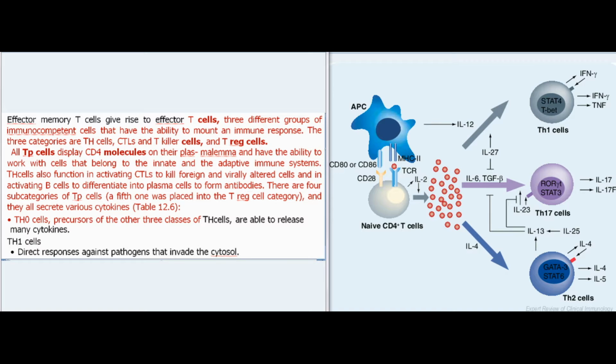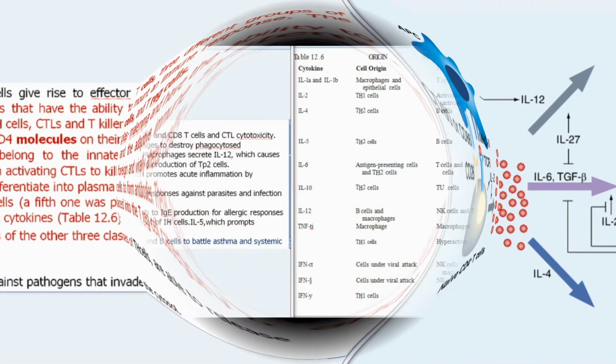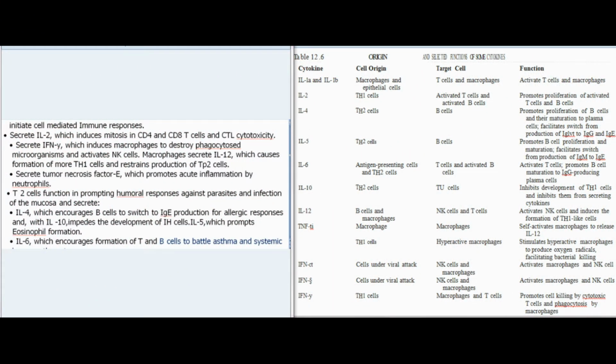Th0 cells, precursors of the other three classes of T cells, are able to release many cytokines. Th1 cells direct responses against pathogens that invade the cytosol. They initiate cell-mediated immune responses and secrete IL-2, which induces mitosis in CD4 and CD8 T cells and CTL cytotoxicity.